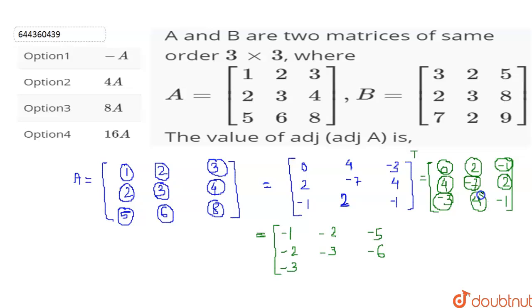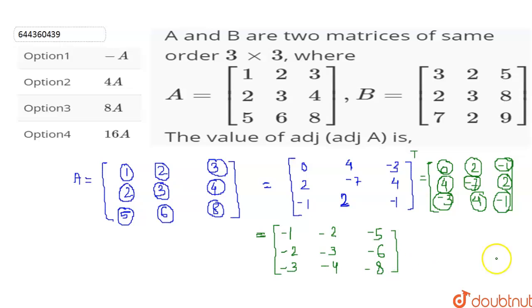Now for this one we are going to calculate, so this is 0 into 2, that is 0, minus 4 into minus 1, so that becomes plus 4, and a sign change is also there, so this value finally becomes minus 4. And now for this one, this matrix is 0 into 7 minus 4 into 2, that is minus 8, and there is also no sign change, so this remains as it is.